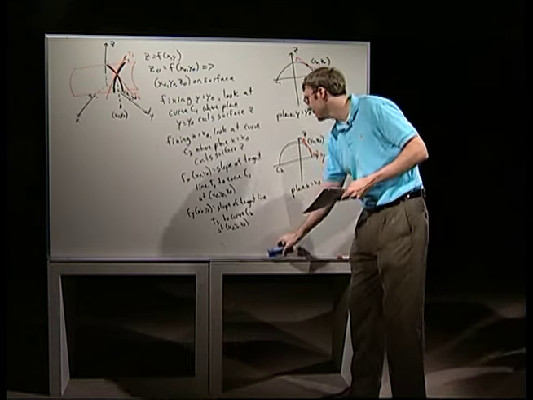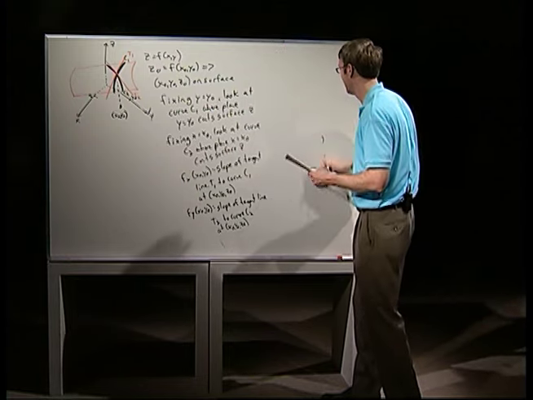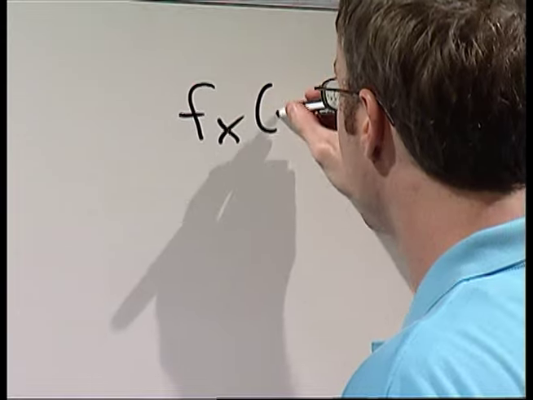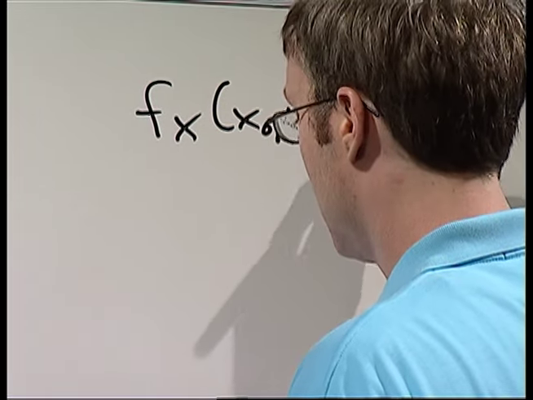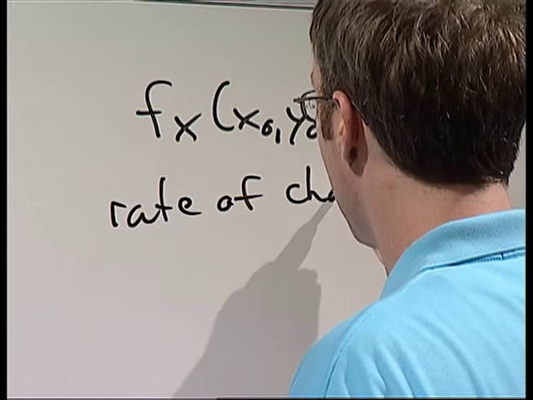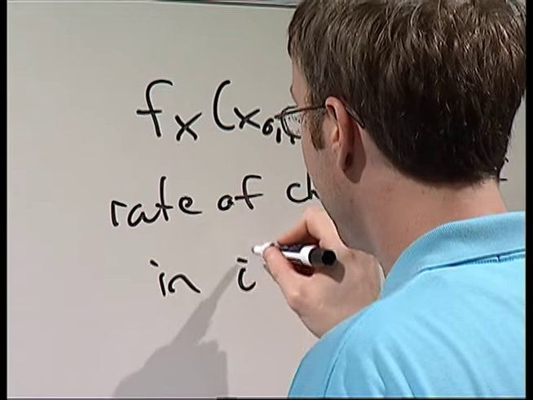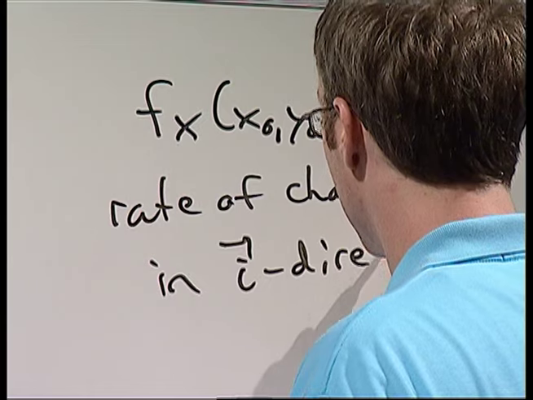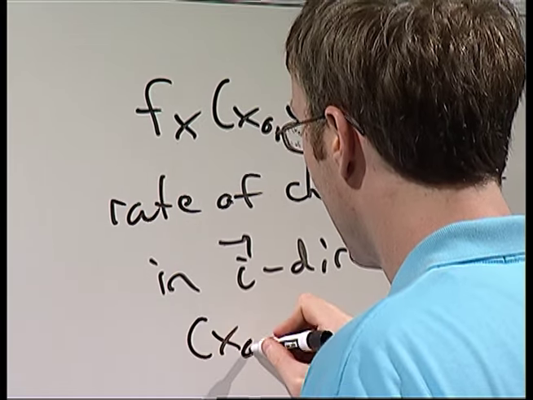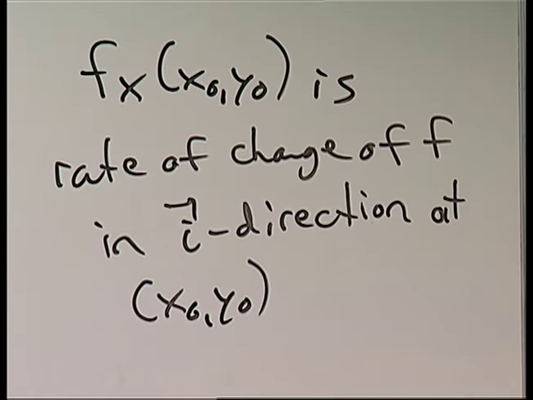Even more than that, let me erase these over here. We can talk about rates of change and think about it in very direct terms. This partial with respect to x is the rate of change of f just in the i direction, because the j direction is fixed.